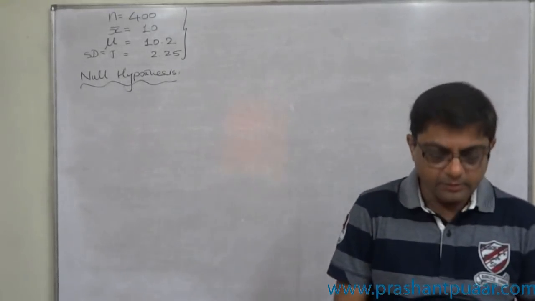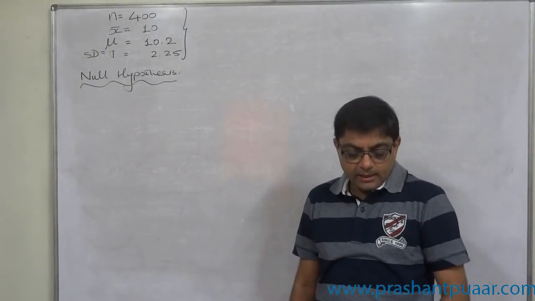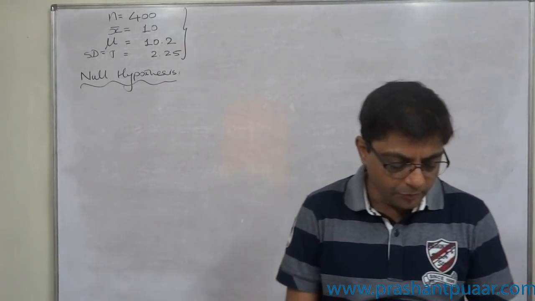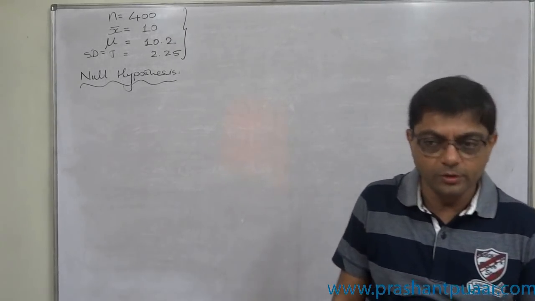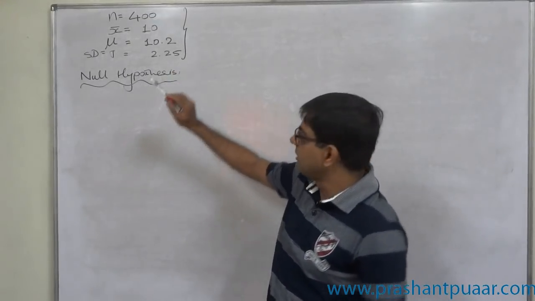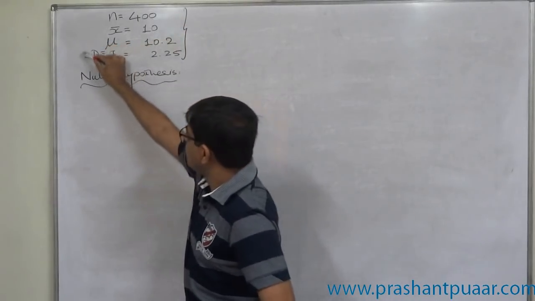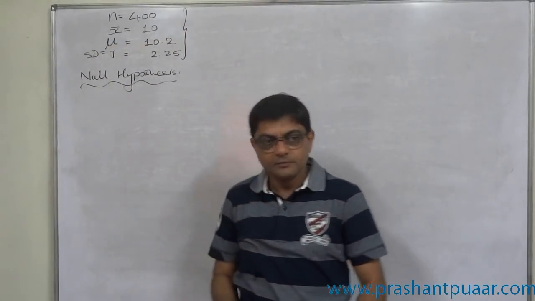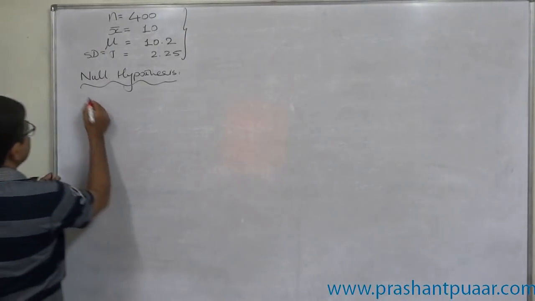See the last sentence of the question: Can this be regarded a sample from a large population with mean 10.2 centimeters and standard deviation 2.25? That means on the basis of this data, can we conclude that this particular sample has been drawn from the population with these two parameters? We can write the hypothesis on the basis of these words.